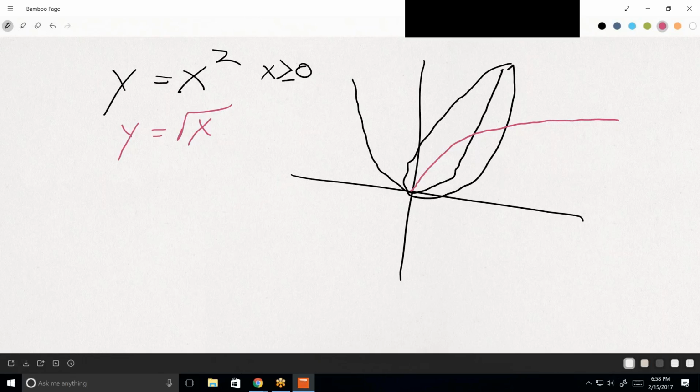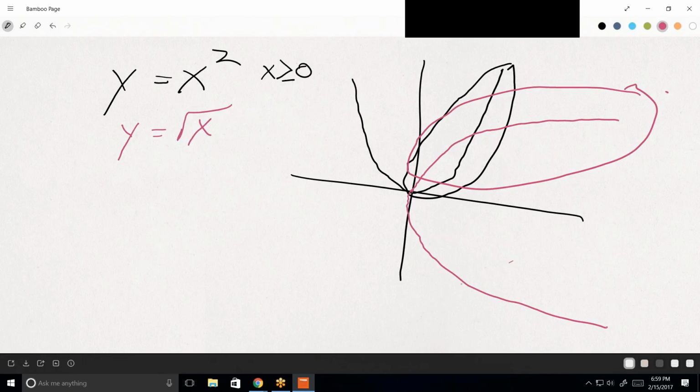I think you pointed this out once before when we were talking conic sections and we had the full horizontal parabola. You realize that the upper half of that parabola is exactly the same as the square root function. This part right here is the upper half of the horizontal parabola, but it's also y equals plus square root of x.